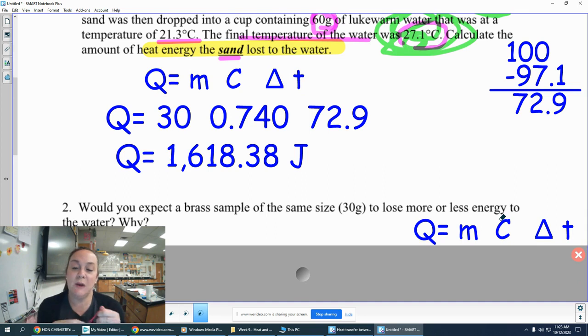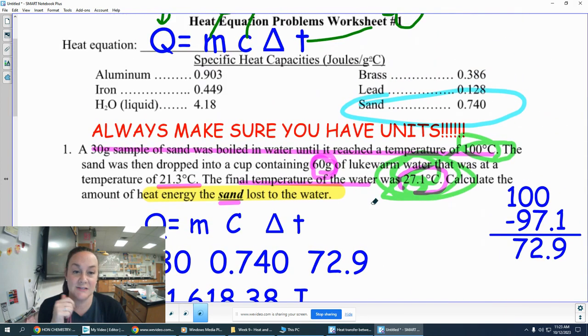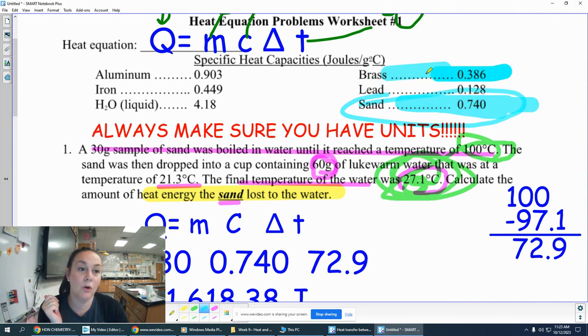So would you expect a brass sample of the same size? If we had brass being the same size, 30 grams of it, would you expect brass to transfer more or less energy to the water if you did the exact same thing? And then would you expect if I cut the sample in half?